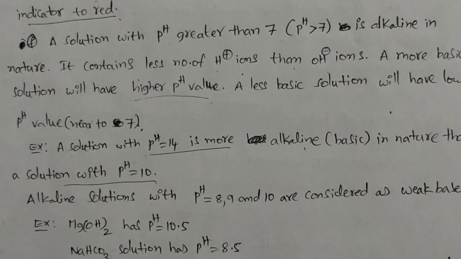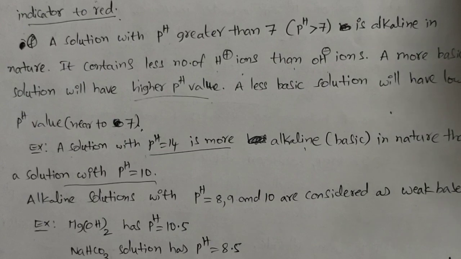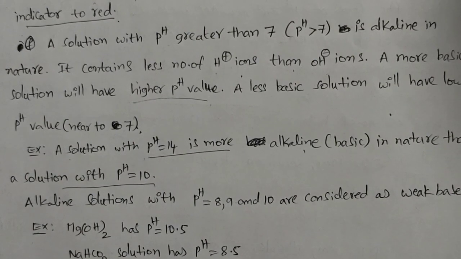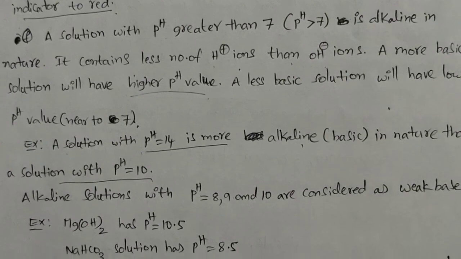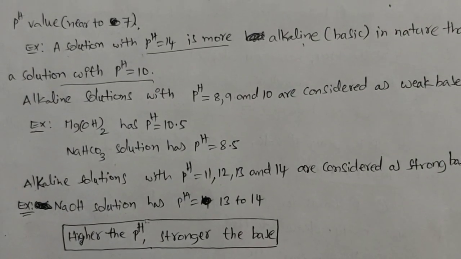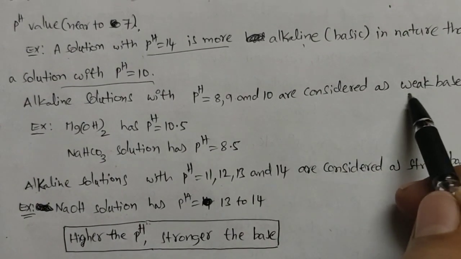It is exactly contrary to acids. In case of acids, a strong acid has low pH, a weak acid has high pH. But in case of bases, a strong base has high pH and a weak base has low pH value.